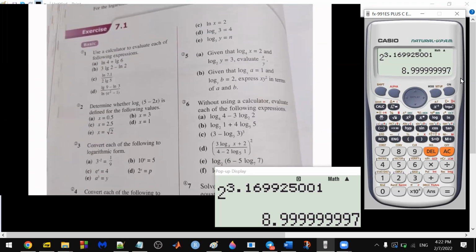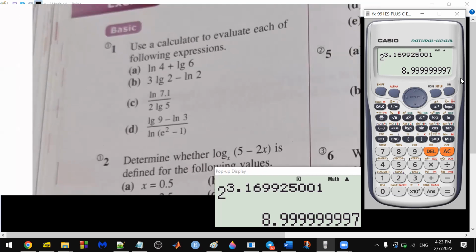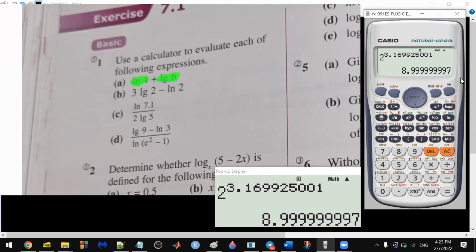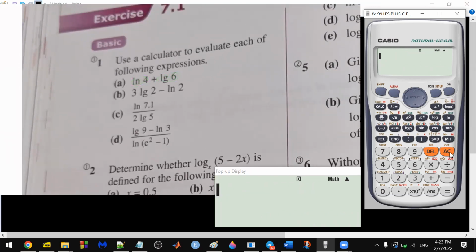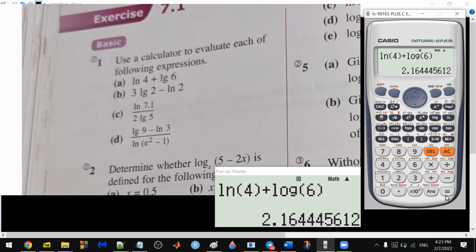So let's see, 7.1. Actually this one, let's just quickly do it. Ln 4 plus LG 6. I can just key into a calculator and let you see. Ln4, close the bracket, plus LG6. I realized that I forgot to explain what Ln and LG are. The answer is 2.16444, not so important.